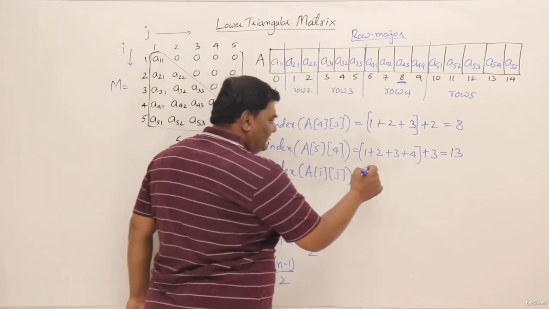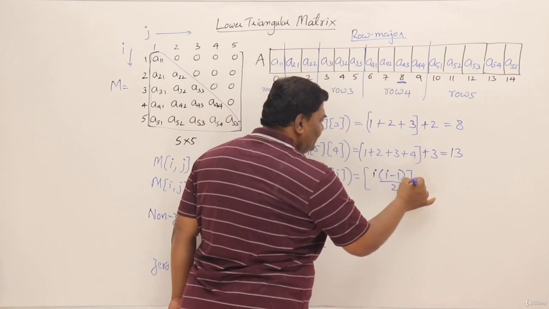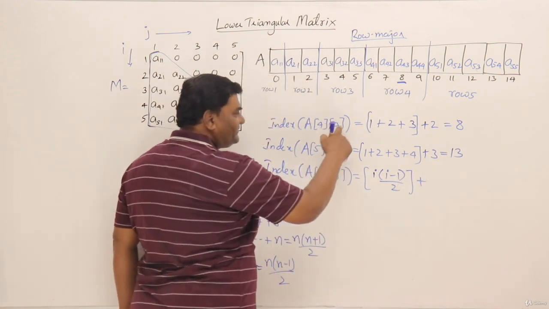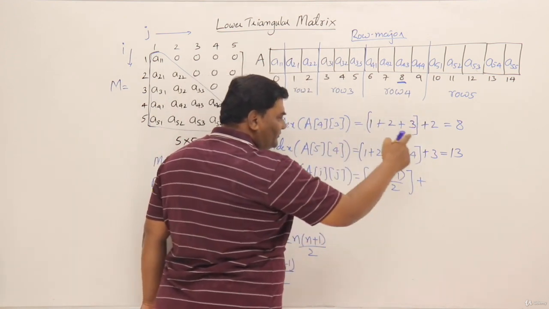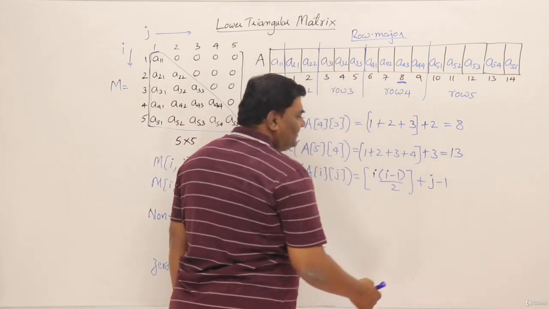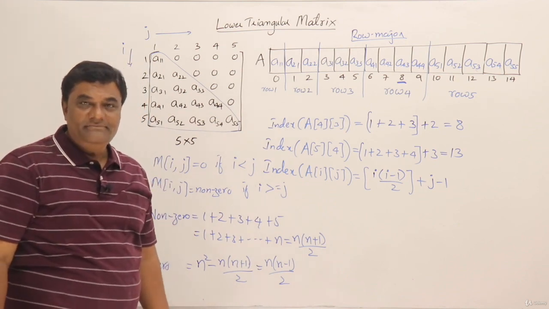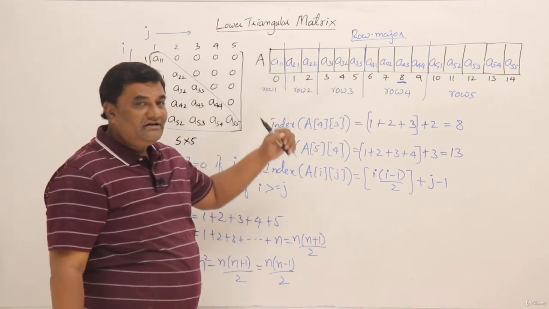So 1 less than I. So this will be I into I minus 1 by 2. Then plus, see, this was 3, so this was 2. This was 4, so this is 3. So if it is j, then it will be j minus 1. So this should be the formula for accessing non-zero elements in a single dimension array.